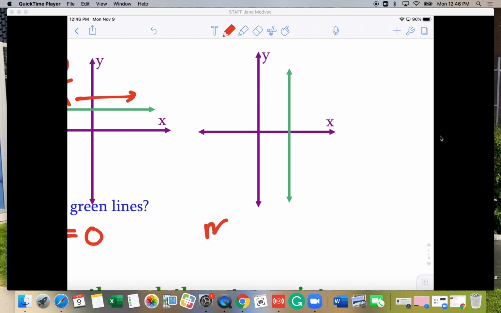The slope on this we call undefined. And if you think about it, if a person wants to walk this line, they can't do it. Okay, you can't go up or down that line unless you were like Spider-Man. So we call that undefined.